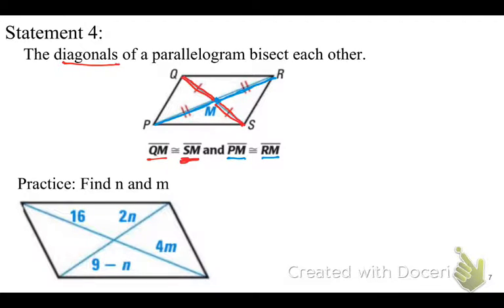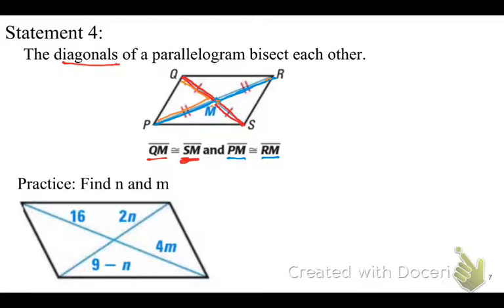Okay, so this does not say anything about PM and QM. You don't know anything about their lengths at this point. Okay, all you know is that PM is congruent to RM, and you know QM is congruent to SM. Okay, you don't know what they are, you just know they're congruent.